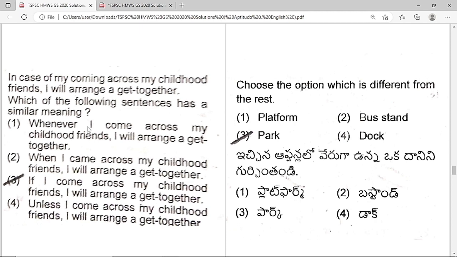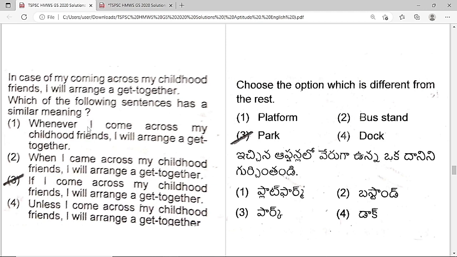In case of my coming across my childhood friends, I will arrange a get together. If I come across my childhood friends, I will arrange a get together.